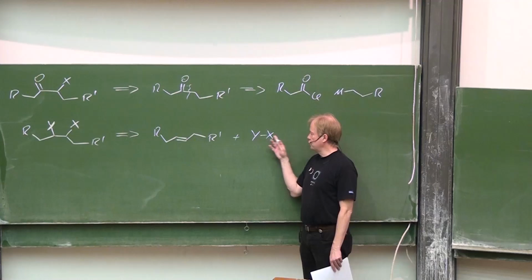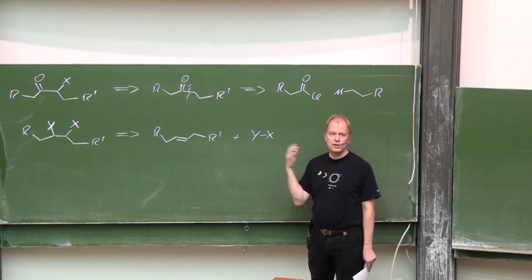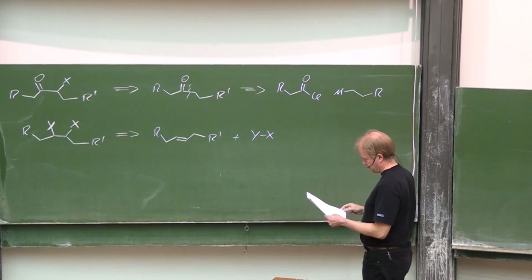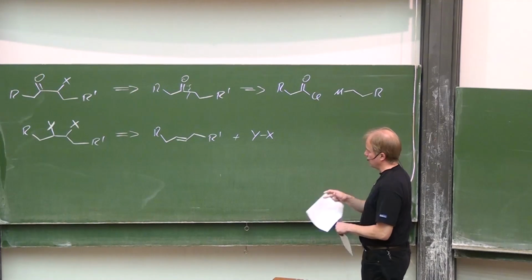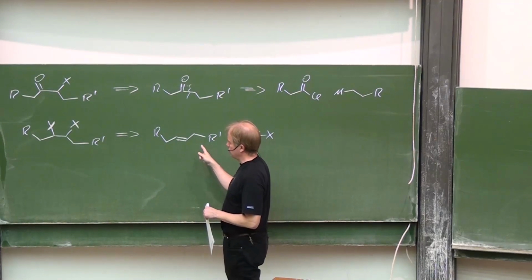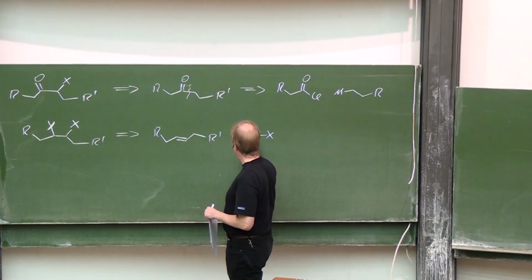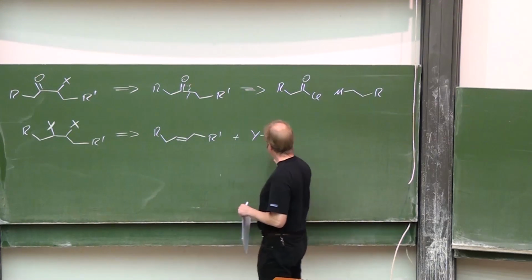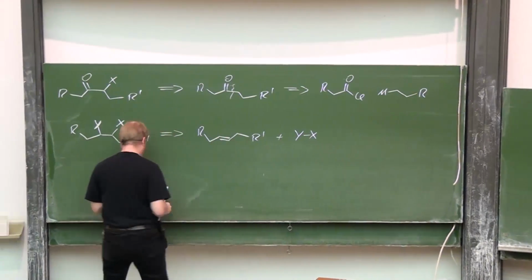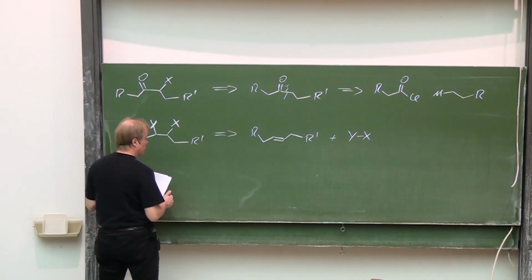Well, you should be used to that if you imagine that this could be, for instance, an interhalogen compound. Of course, you would also have to face a selectivity problem in that case. How do you make sure that the X part ends up at this position and not at the other one?